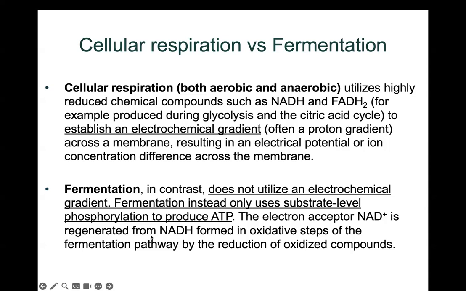Fermentation doesn't reach that point. It stops at glycolysis, and you've made your ATPs through substrate level phosphorylation. The NADH that you've created in glycolysis passes its electrons straight away to pyruvate to create alcohol or lactic acid.